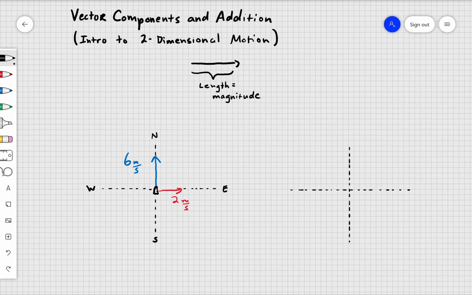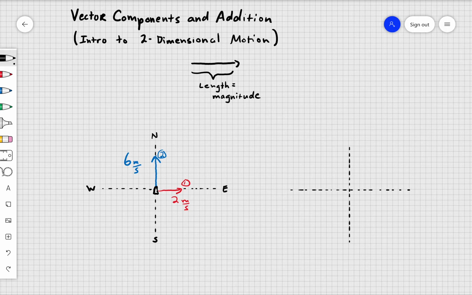So this vector would be represented as 6 centimeters in length. Let me differentiate these. Let's call this red vector, vector 1, and this blue vector here, vector 2. I would represent vector 1 with 2 centimeters.